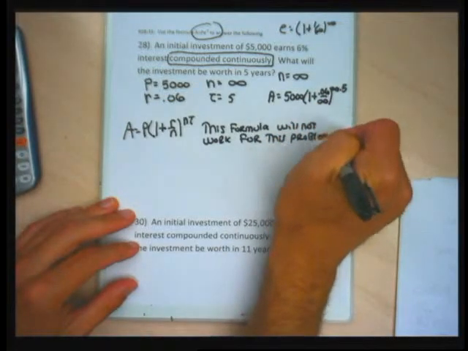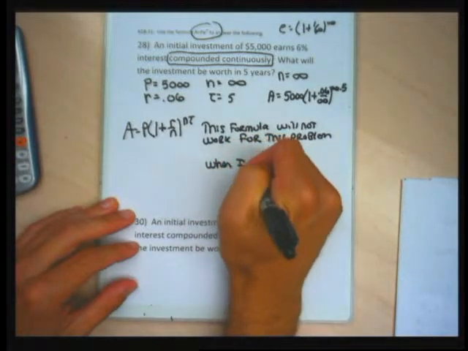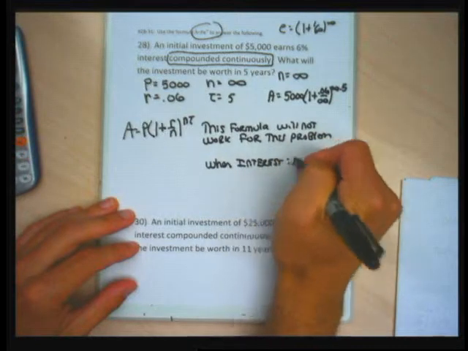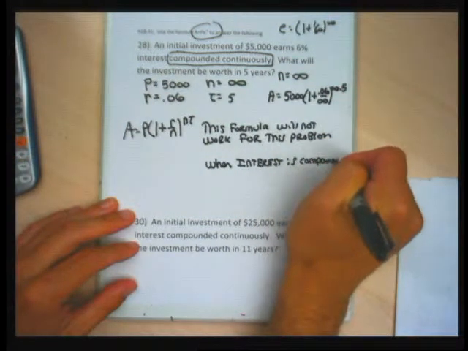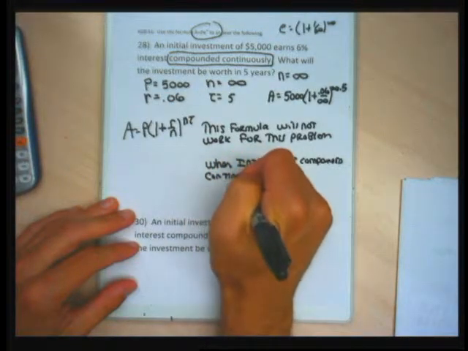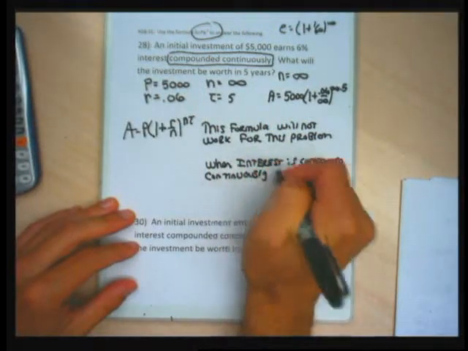I can't use it. When interest is compounded continuously, that means the n is infinity. There's the formula up there I have to use, and it doesn't have an n in it.